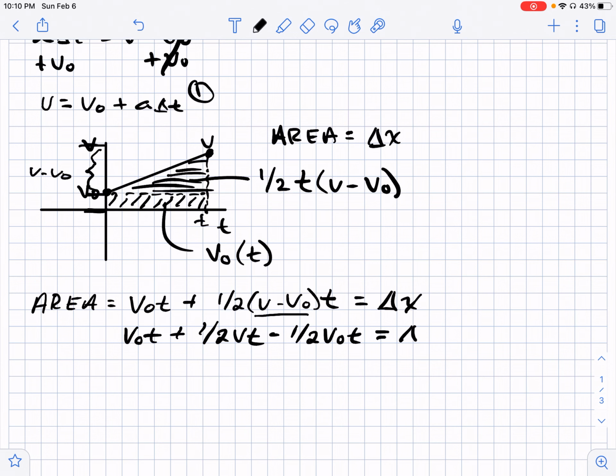And again, that's equal to delta x. And if I look at this, I can combine this v naught t with this v naught t. Okay, so it's like 1 v naught t minus 1/2 v naught t. And then what you're left with is just 1/2 v naught t. So let's go ahead and rewrite that.